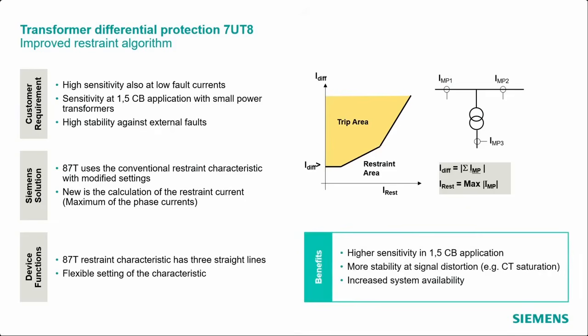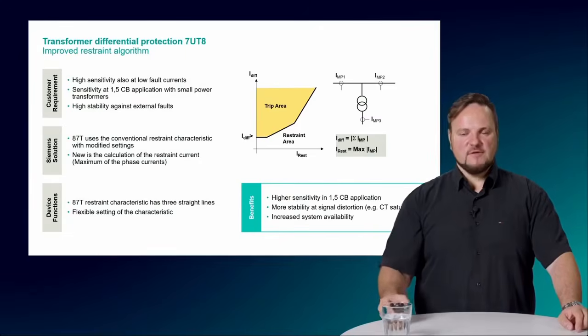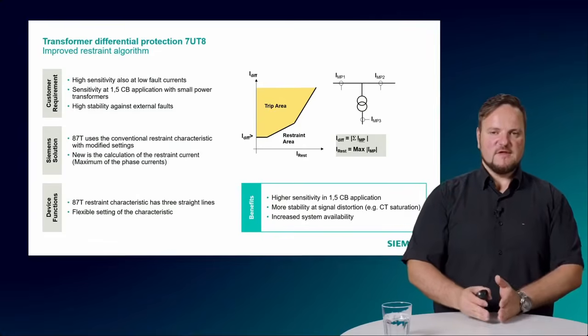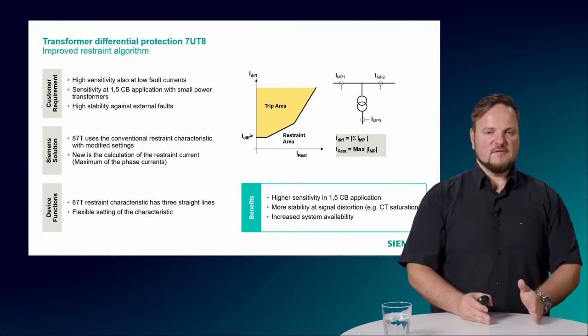So that means now we use for the restraint calculation the maximum current of one measuring point. So that means in the same case, we do not calculate or summate all the measuring points together. We use only one. Therefore, we come on the x-axis a little bit more on the left side.